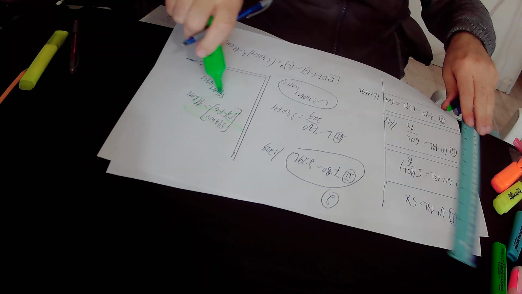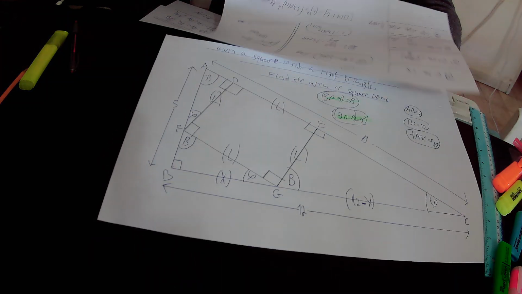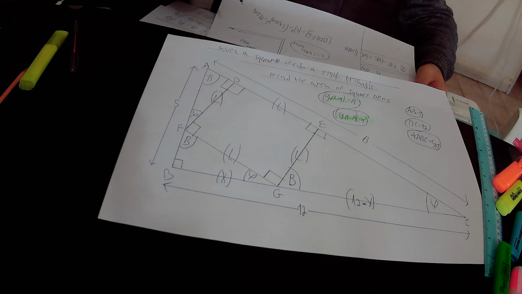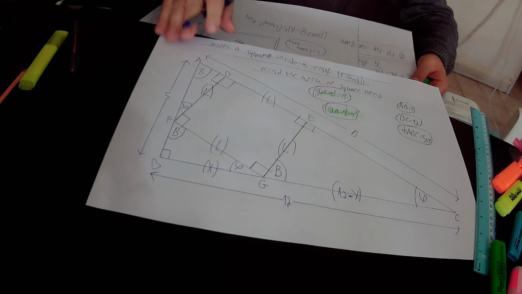That is the answer to the question. I'll repeat again. The area of this square DEFG is equal to 11.6016 square units. In the next step, I will summarize the lecture.